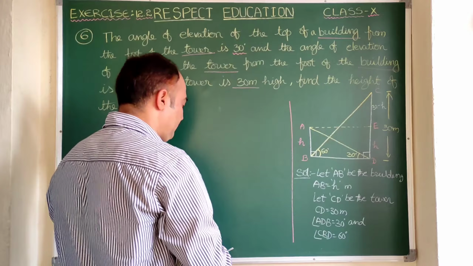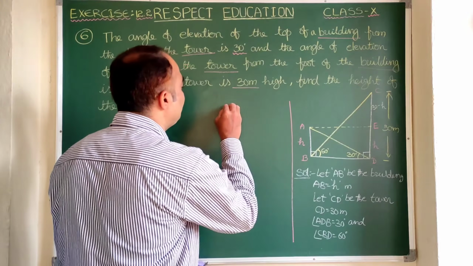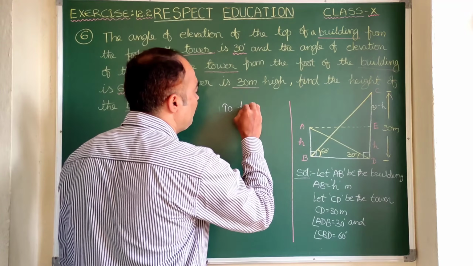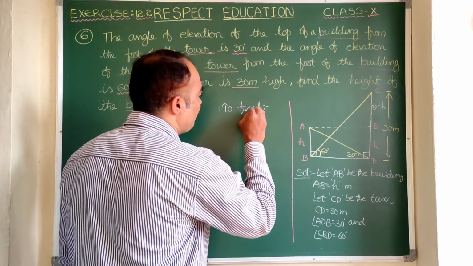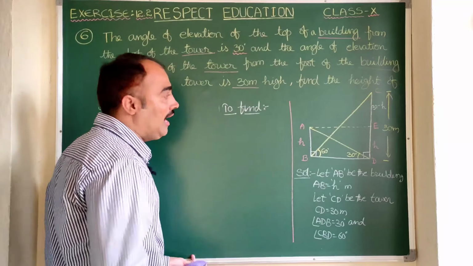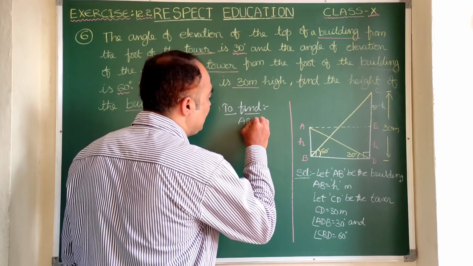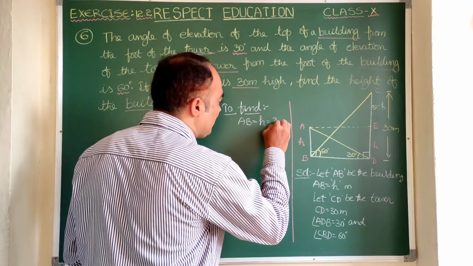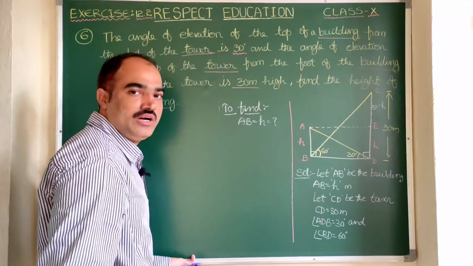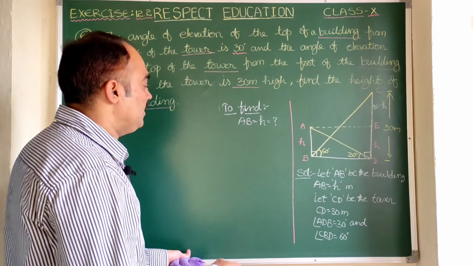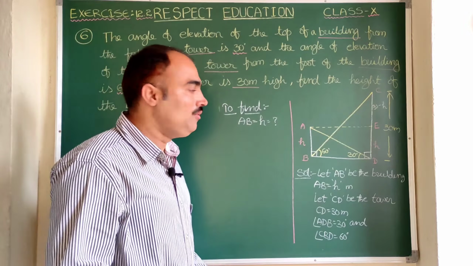Let us note down here, to find the height of the building, that is, AB is equal to h is equal to question mark. This is what we need to find. So let us start solving this problem now.